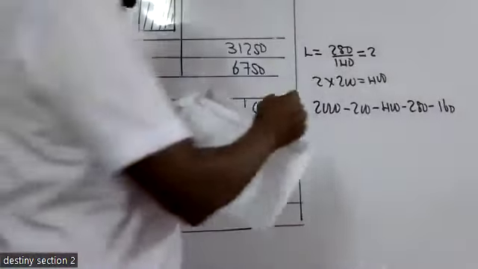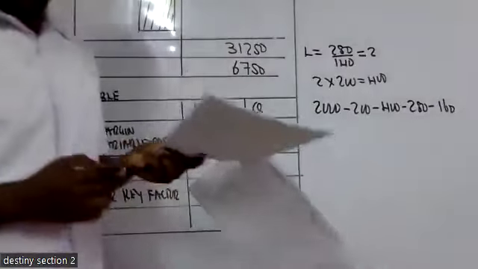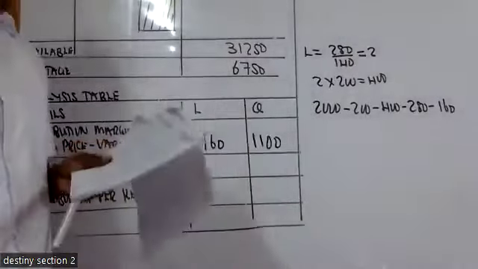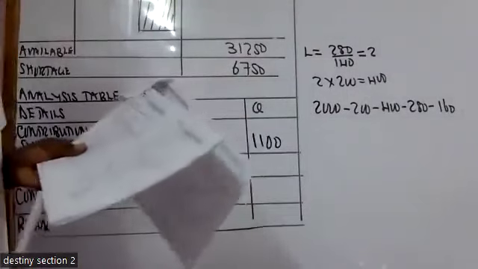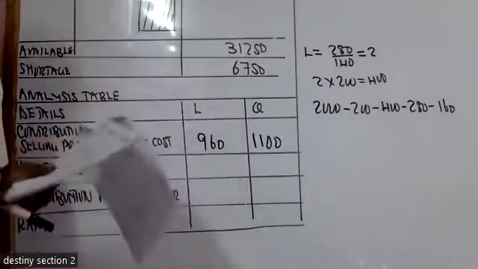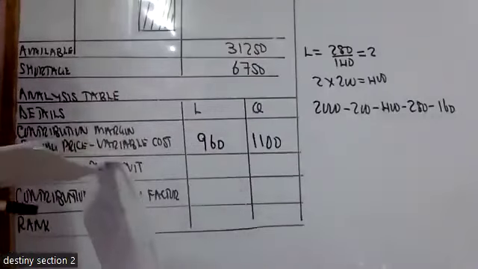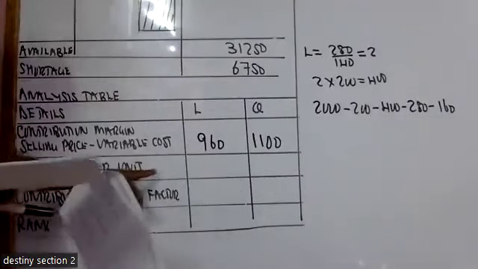Yeah, 1,100. I also need figures from others, thank you, so that we're able to compare. So that is 1,100. So if that is true, let's proceed to the next column.